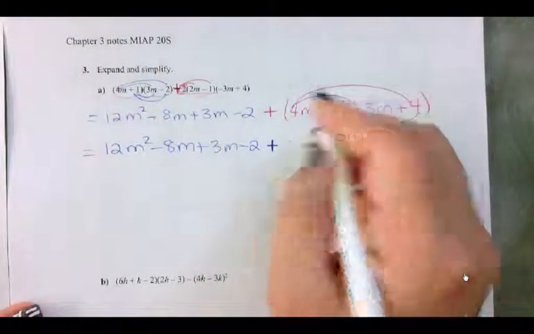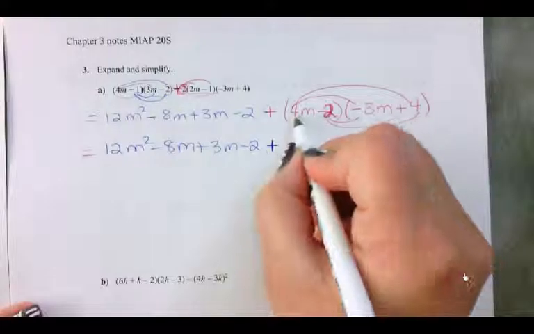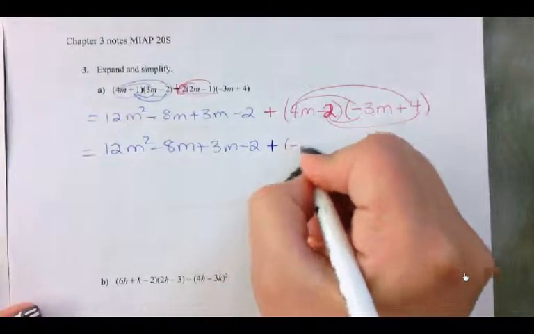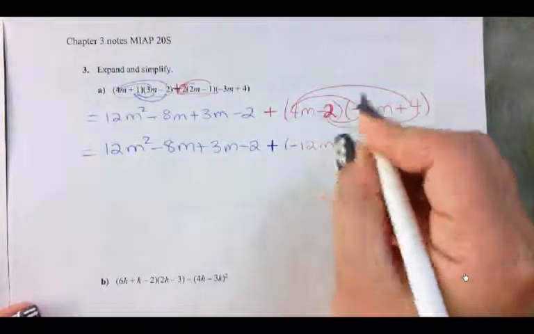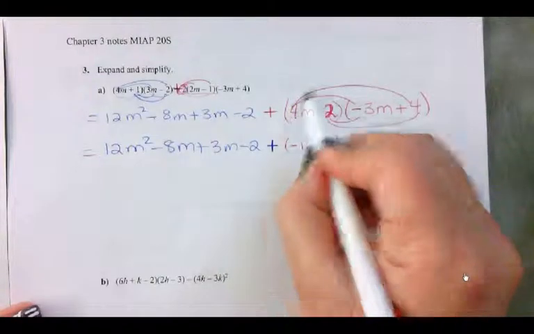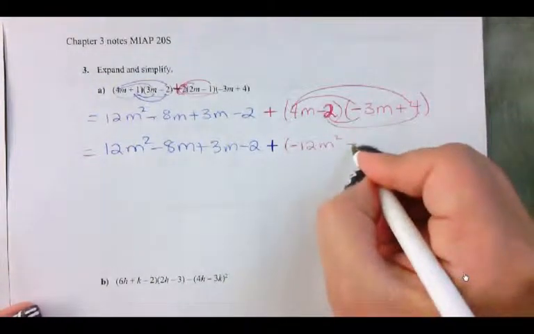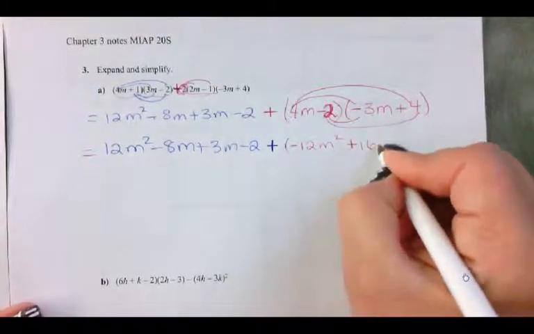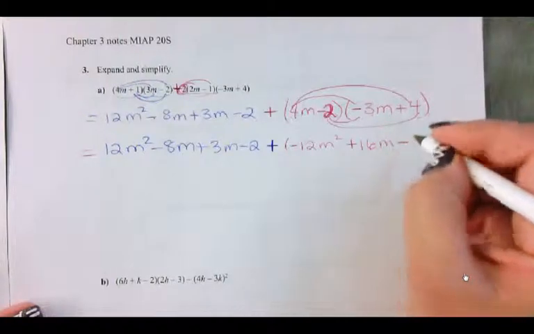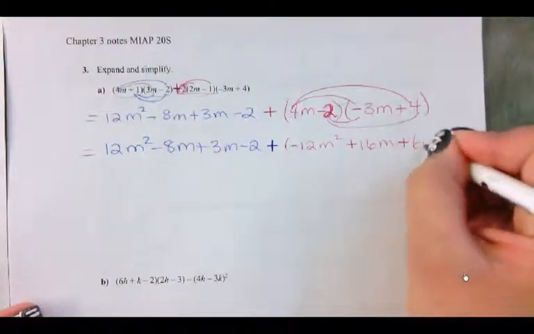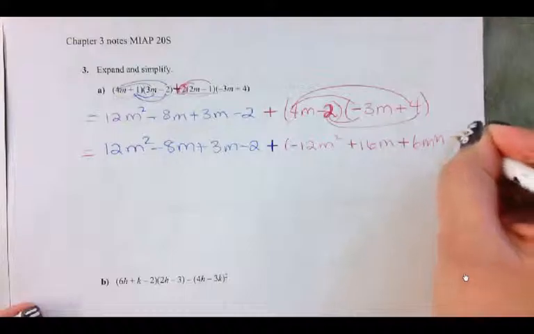So I'm going to end up with negative 12. This here is going to give me a negative 12m squared, and then that's going to give me plus 16m, and then plus 6m, and then a minus 8.